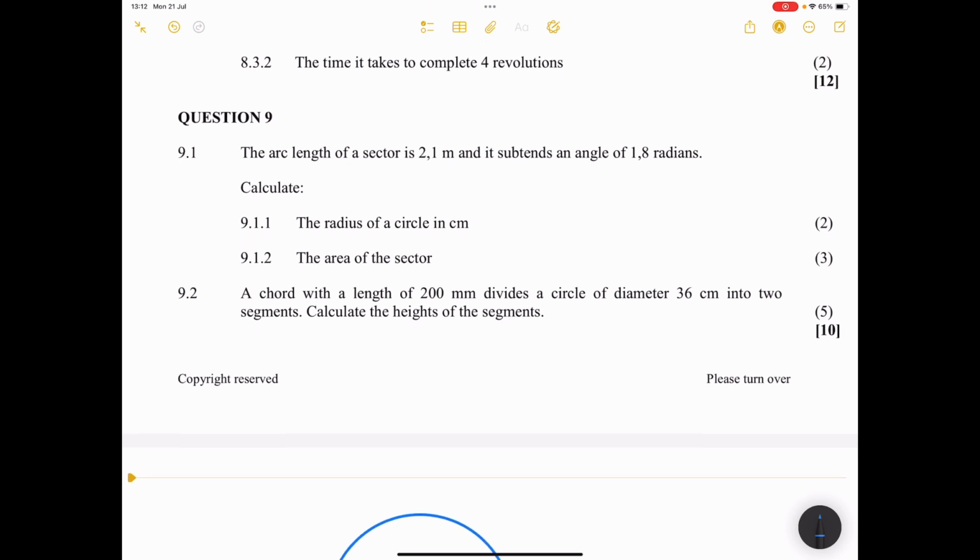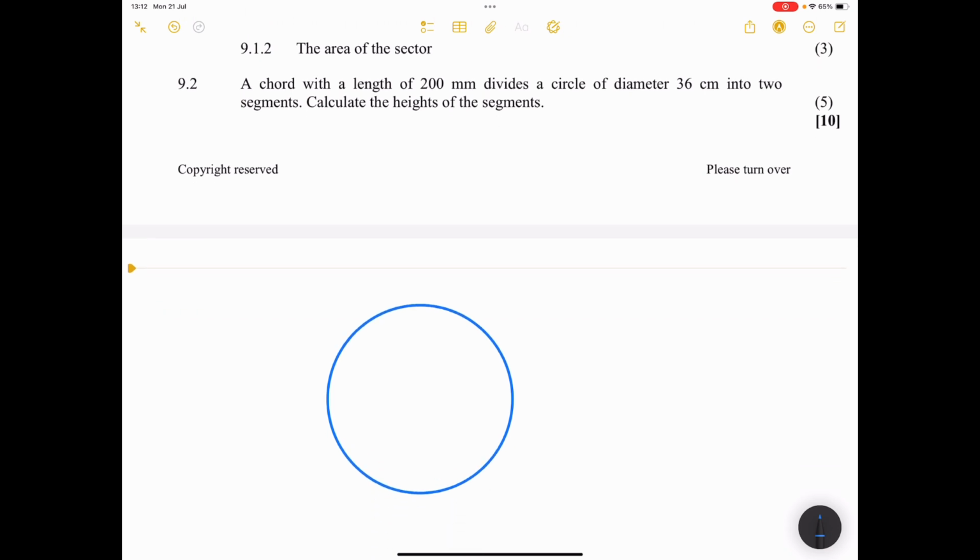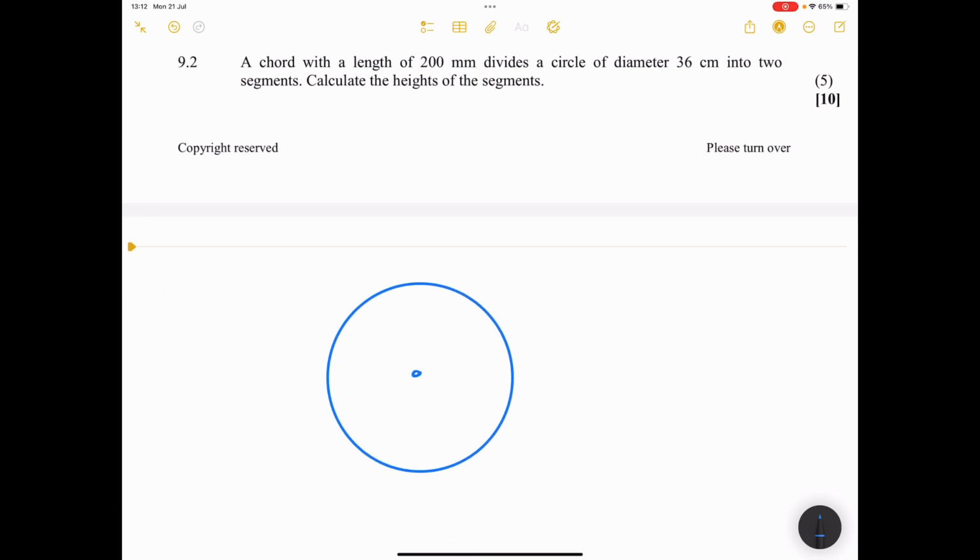And they're telling us that the arc length is 2.1, and the central angle. There it is once again, we've got a central angle over there, and we are talking about the arc length.